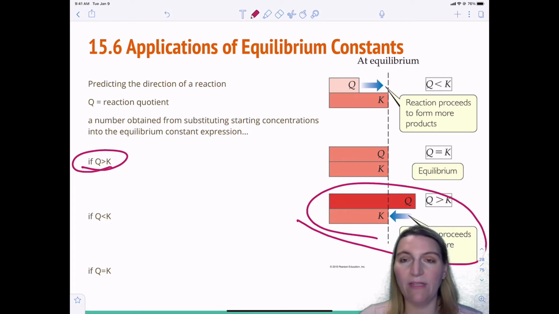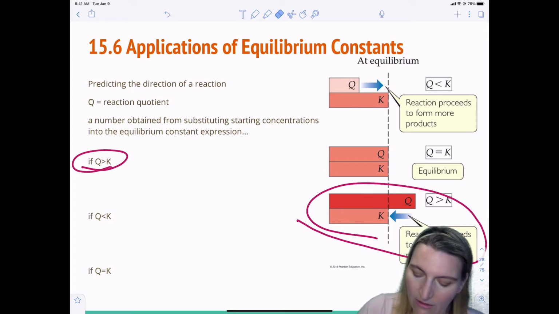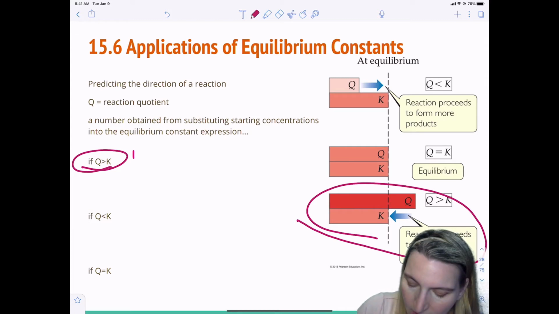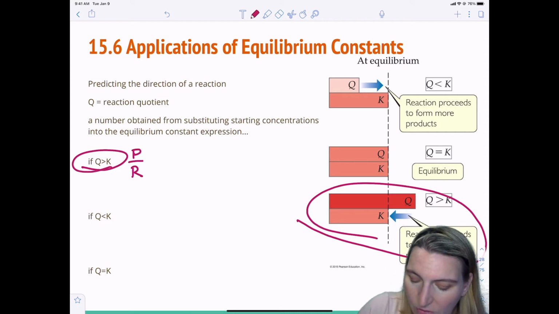If Q is much greater than K, think about what Q is. It's always products over reactants. So if this number, Q, is a large number, bigger than K, how will it get down to K? That means the top is going to need to get smaller and the bottom is going to need to get bigger, because Q will overall have to decrease.